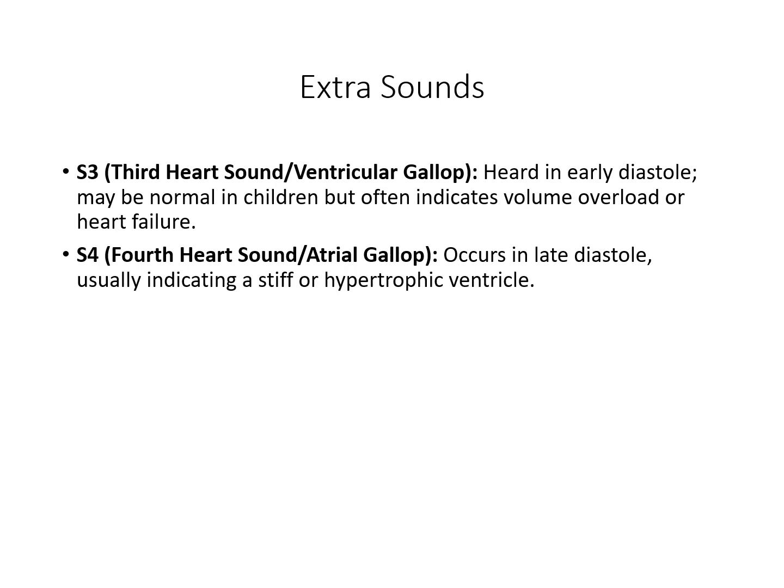So S3 heart sounds, also known as a ventricular gallop, occur immediately after S2 during early diastole, when the ventricles are rapidly filling with blood. And this sound is caused by vibration created when blood enters a ventricle that is already volume overloaded or dilated.